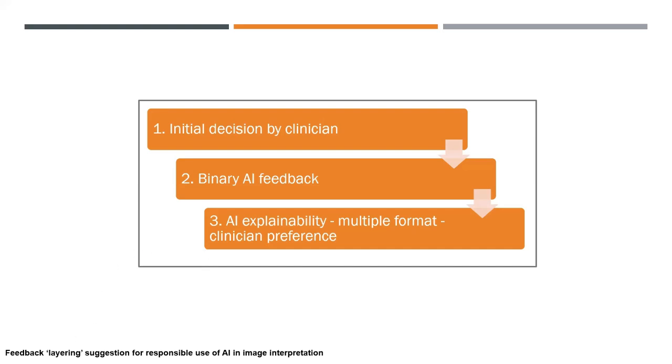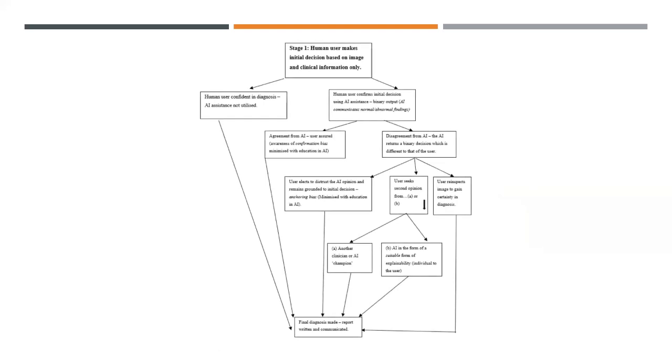We need to think about avoiding the other biases that we're aware of, such as framing bias and satisfaction of search bias. If you're presented with AI feedback too early, how will that affect your decision making? We have doctoral level research going on in our team on that at the minute, so more to follow. This is just a little schema which I had produced a while ago, just for general interest, but I'm a little bit short of time, so I'm not going to go through that at the minute.